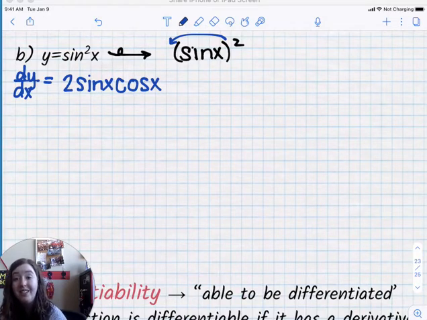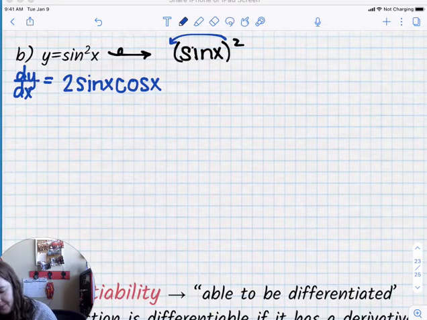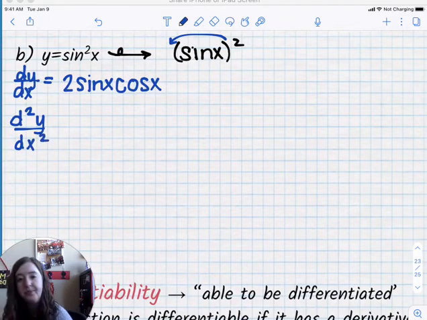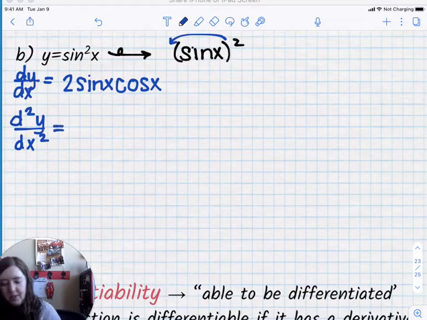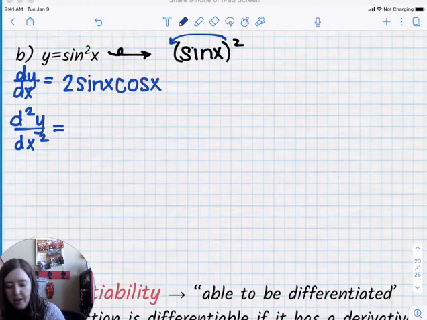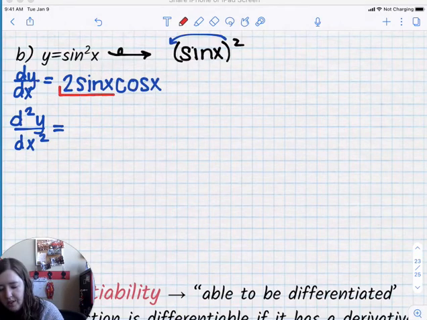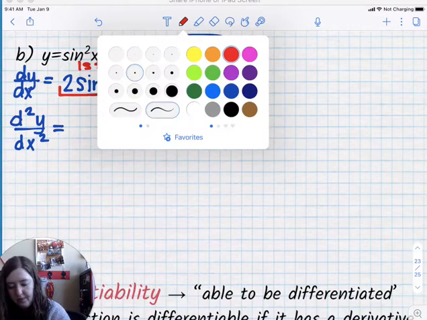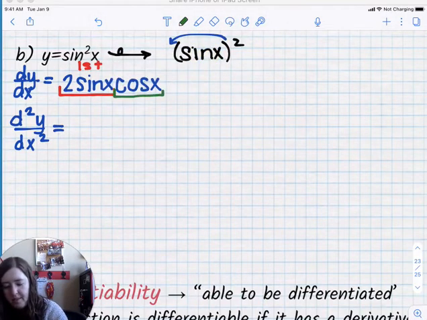Now we want our second derivative. So this is d2y over dx2 equals. So now when we take this derivative, I'm going to go ahead and we'll just keep the 2 with sine. So we're going to call 2 sine of x my first, and cosine of x my second.